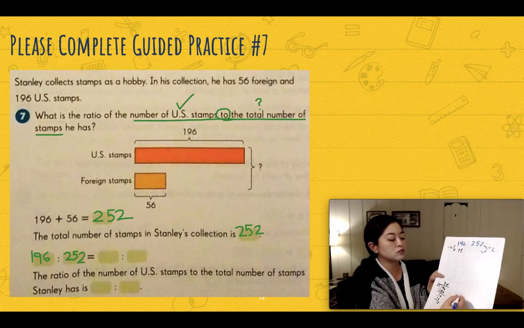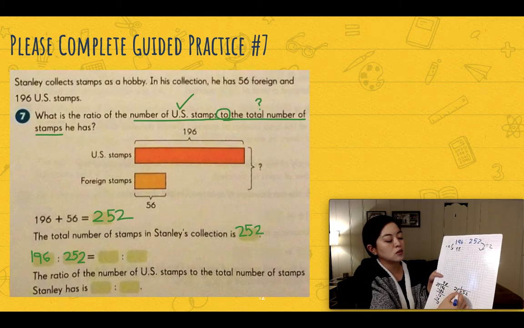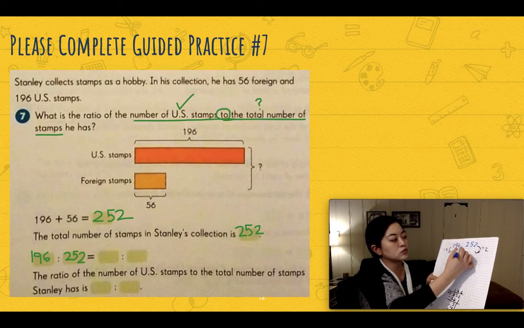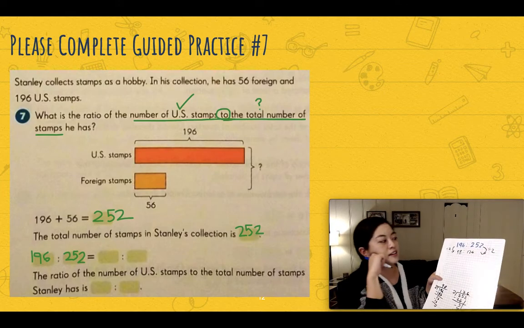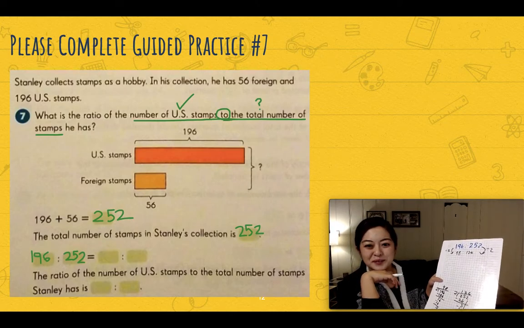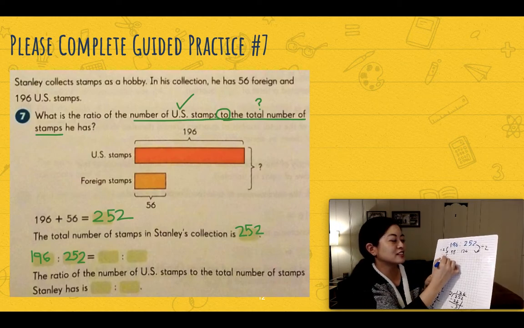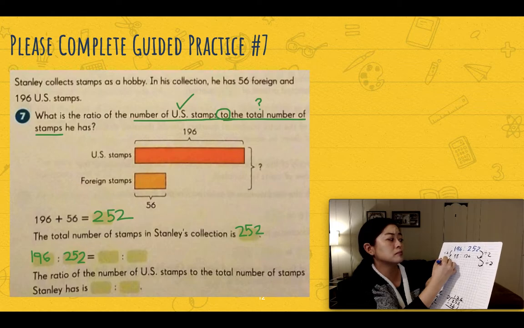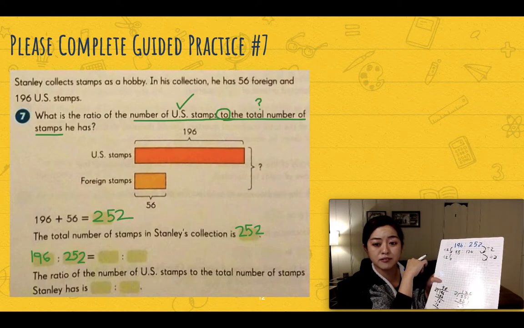And then what is 252 divided by 2? 1, minus 2, 5 minus 4 is 1, 2 is 6, and that's 126. Oh man, is there a better number for us? Well, let's just try and divide it by 2 again. You can just do it bit by bit if you can't find the greatest common factor right away.